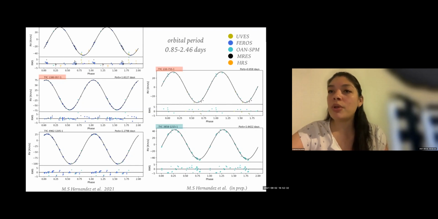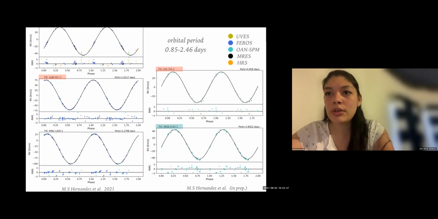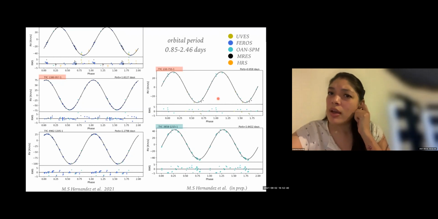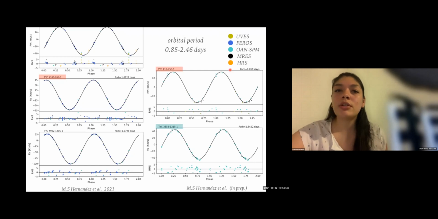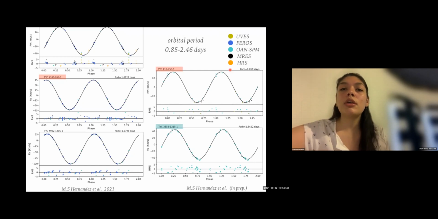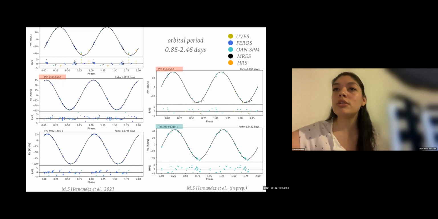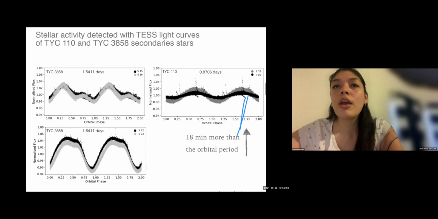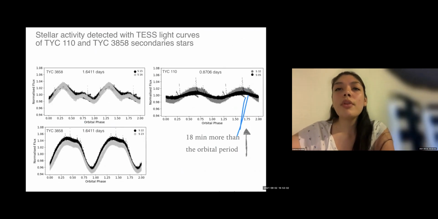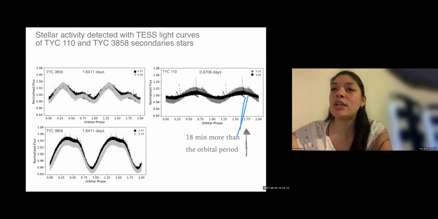For these two systems, we studied the light curve, and we detected that they have very active secondary stars, showing flare activity and star spots.